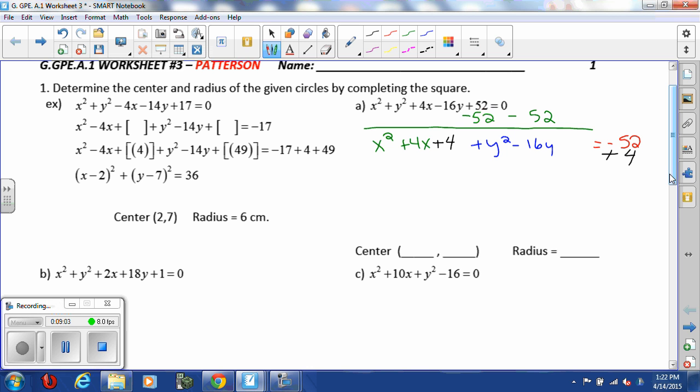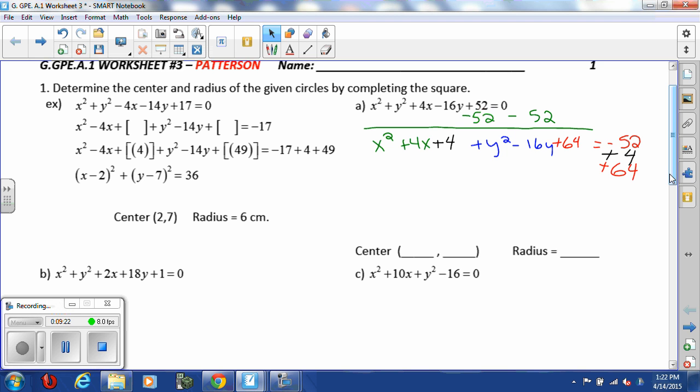Okay, now we got to do the y's. What's the b for y? Negative 16 divided by 2, negative 8 squared, 64. I'm going to add that to both sides. So it's not anything new, it's just you have to do it twice.